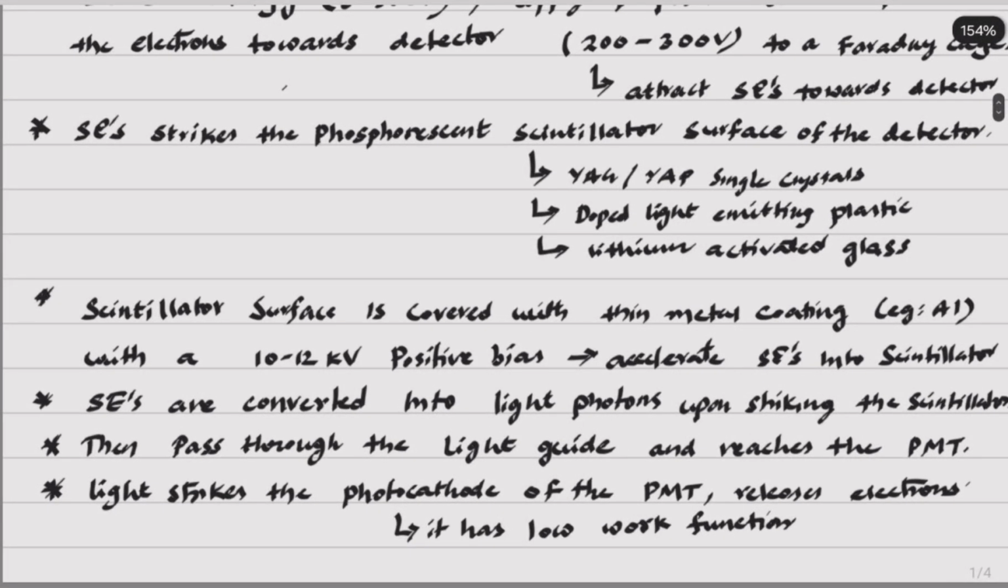When these secondary electrons strike the phosphorescent scintillator surface of the detector, this scintillator may be YAG or YAP single crystals, doped light emitting plastics, or lithium activated glasses.